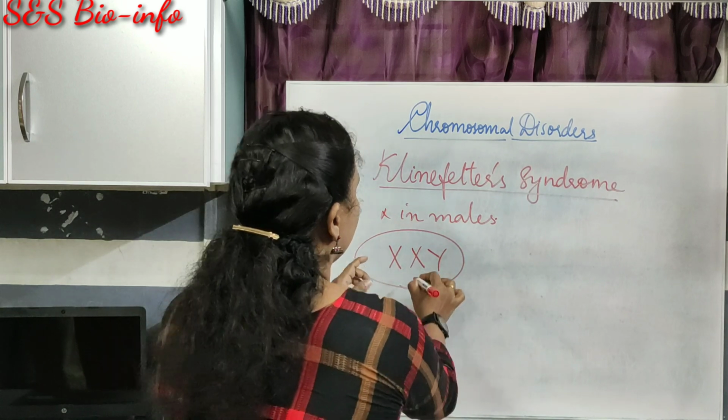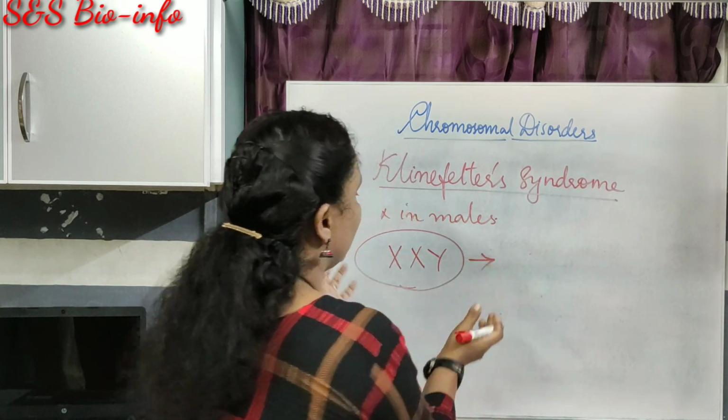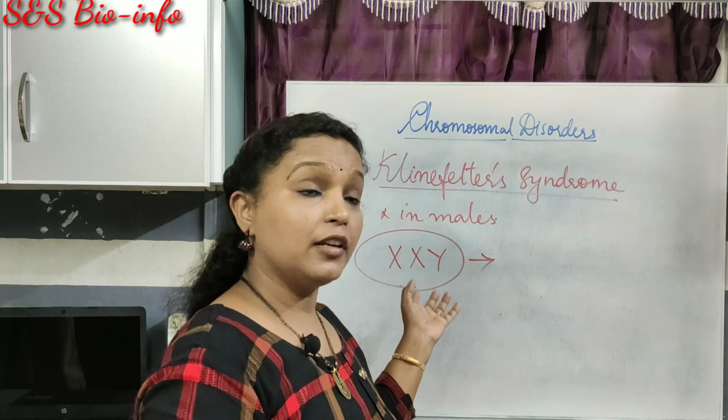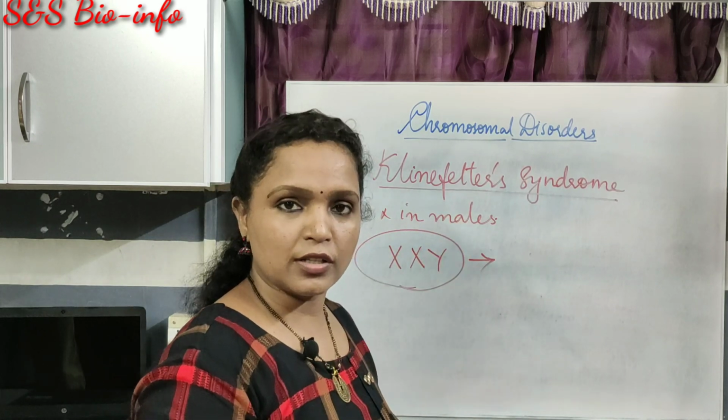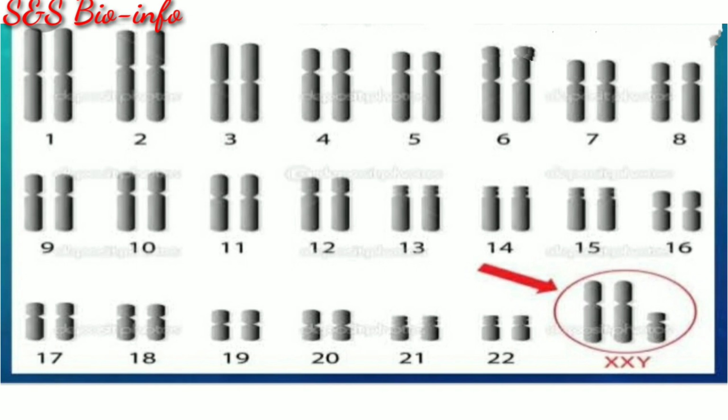Okay, then it causes the development of certain feminine features in such individuals. Now you can observe the image of the chromosomes of humans that shows trisomy of the sex chromosome in the case of Klinefelter syndrome.